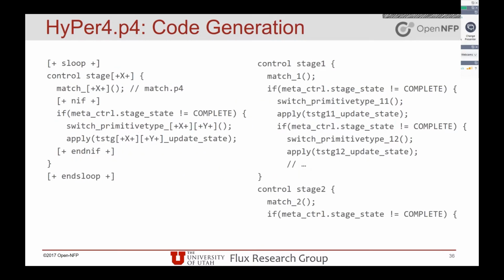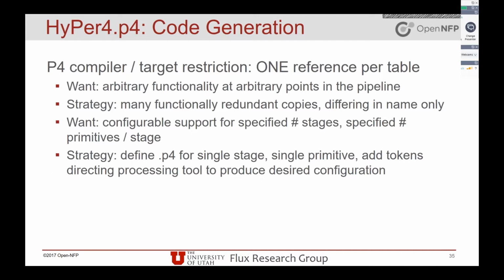All right, I'm going to skip the code generation discussion. Suffice it to say, there's a lot of boilerplate tables in Hyper4 because you can only have one reference per table in a P4 program, according to commonly available P4 compilers, and the targets apply that restriction as well.